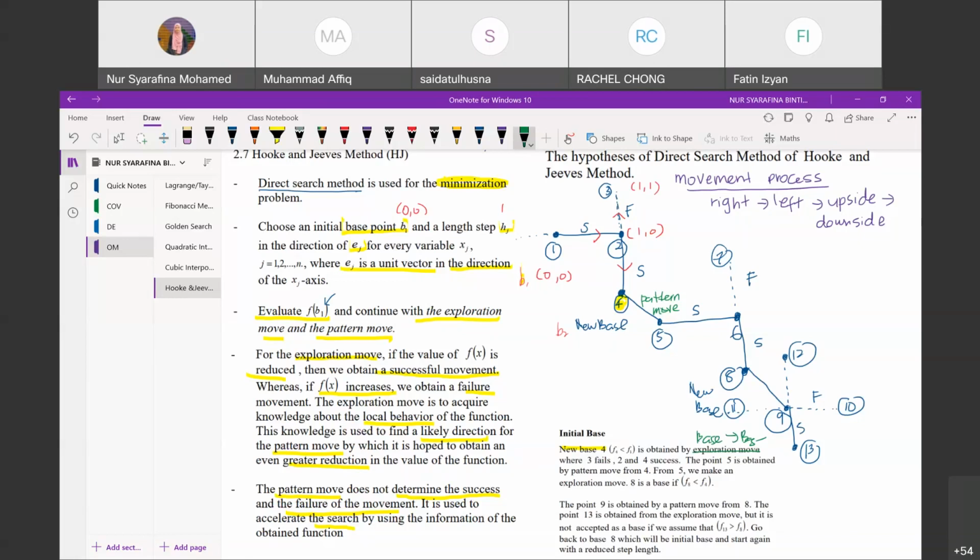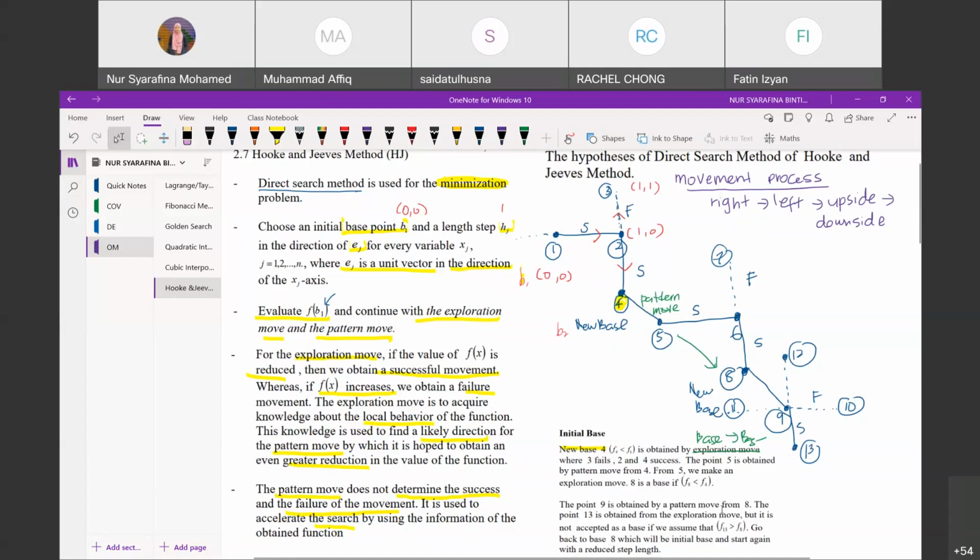So pattern move is from point to point. From 5, we make an exploration move again. We make an exploration and then 8 here is our new base, where f8 is less than f4. This is your new base.